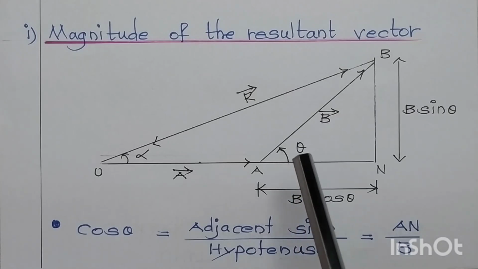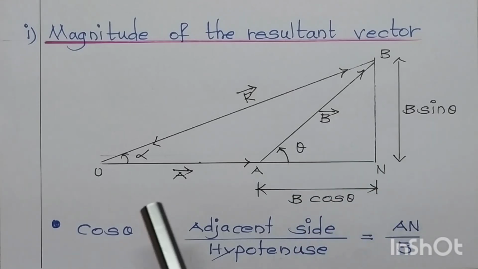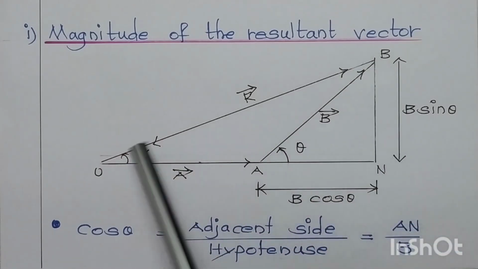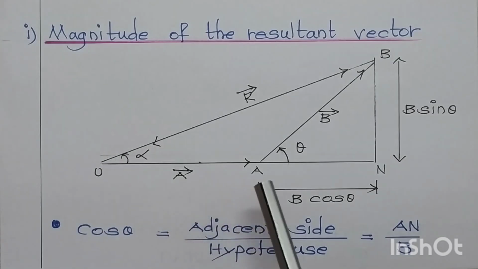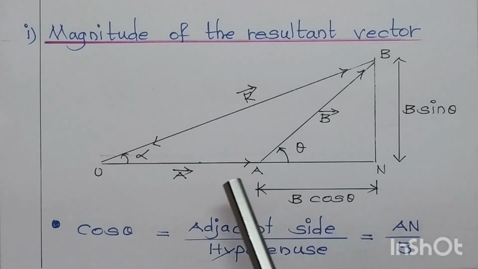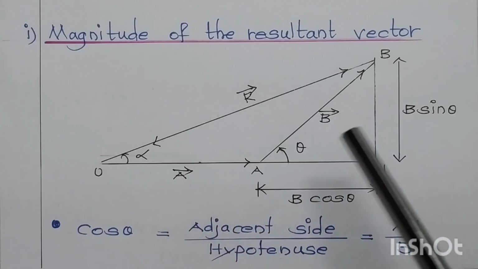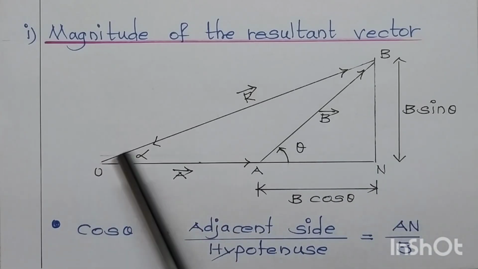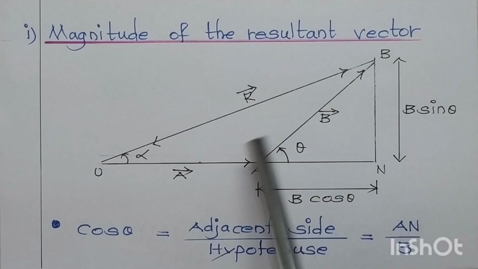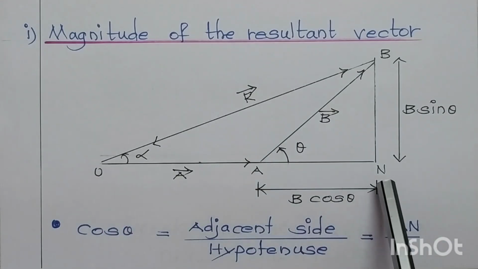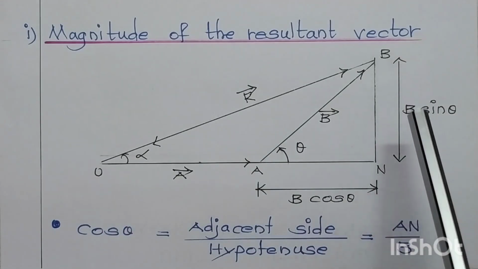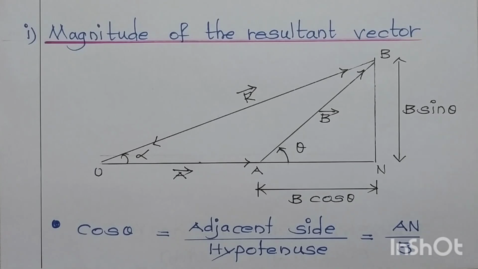What does Pythagoras theorem say? The square of the hypotenuse is equal to the sum of the squares of the other two sides. That is Pythagoras theorem, which means OB squared is equal to ON squared plus BN squared.